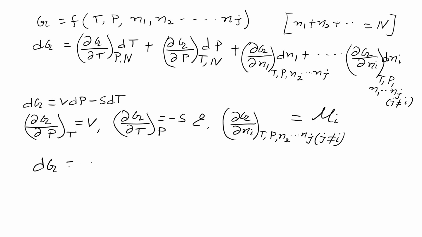So if I put all these things in this equation, dG is equal to VdP minus SdT plus summation of mu i dNi, where i is equal to 1 to j.